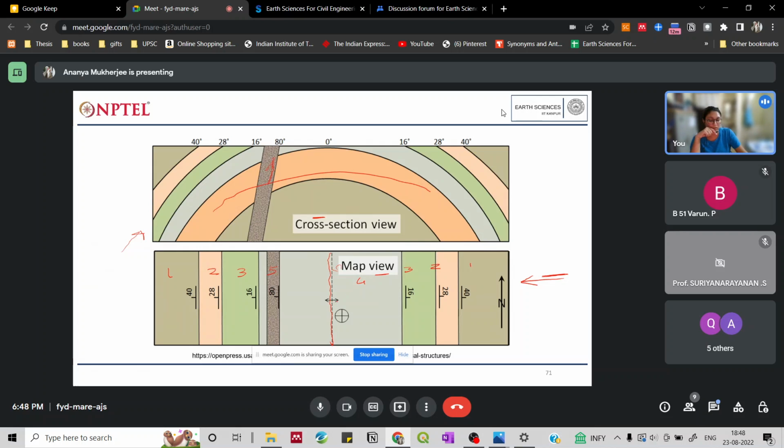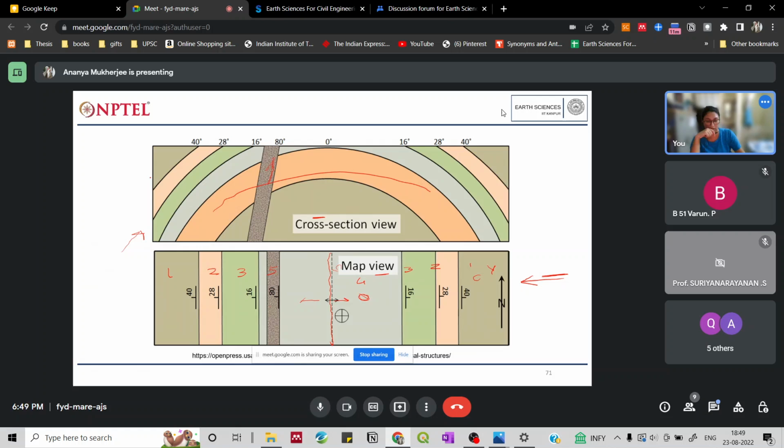Now over here the arrows are away from the axial plane. Now this we understand. Why? Because as per the ages that we might have calculated, this is the older rock and this is the younger rock.